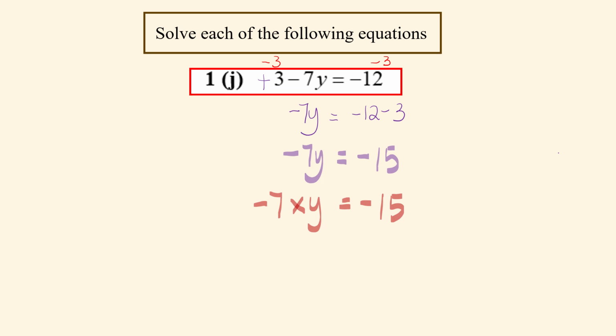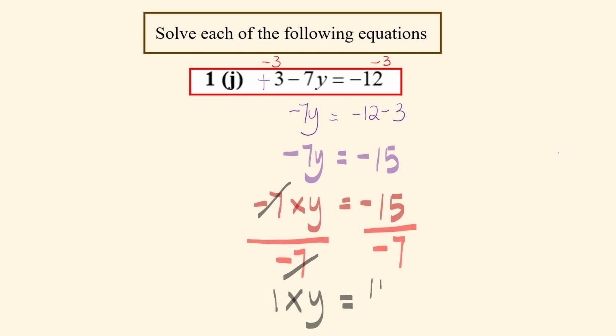To get rid of the negative 7, we just need to divide by negative 7 on both sides, so that negative 7 divided by negative 7 gives you 1, and you have 1 times y. Negative 15 divided by negative 7 will give you 15 over 7. And so 1 times y is y. You can leave your answer as an improper fraction, which is 15 over 7.